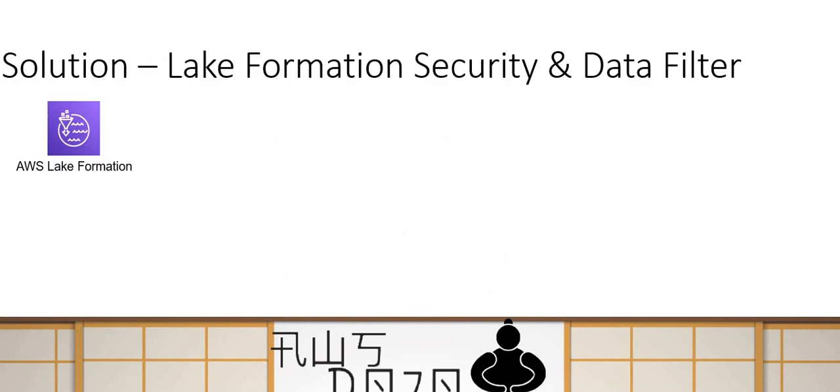We achieve this kind of row level or column level security, or in combination cell level security, using Lake Formation security and data filters. So you have to leverage data using Lake Formation security. Now you know that once you define your data platform, you can actually provide access to your data in 2 methods.